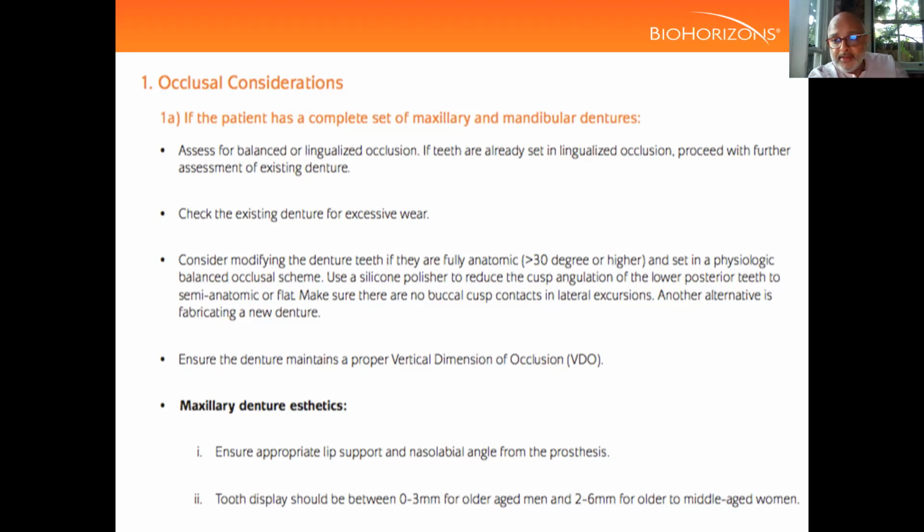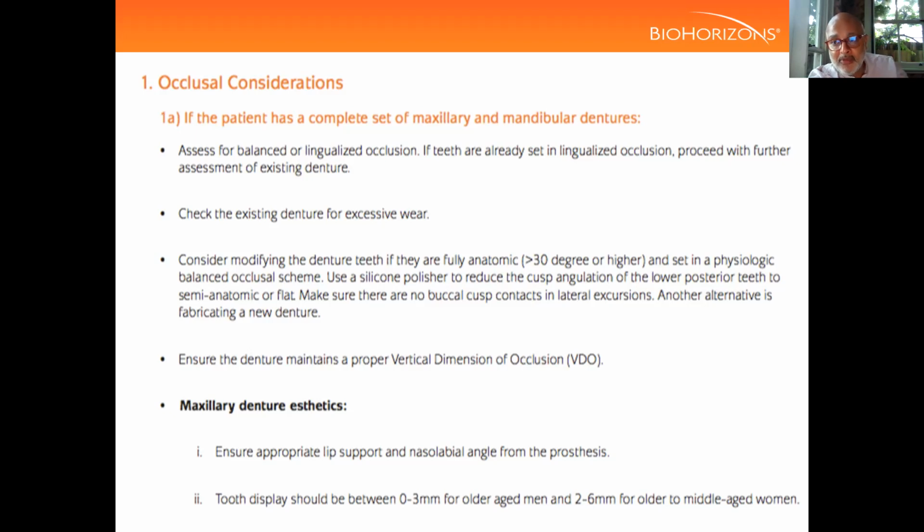The important part of this is for you to be able to put a patient into centric relation confidently and consistently, so that you can know where centric relation is and see whether the teeth are in that position. The advantage that you have with full mouth rehabilitation is the fact that you can then move the teeth around wherever you want.